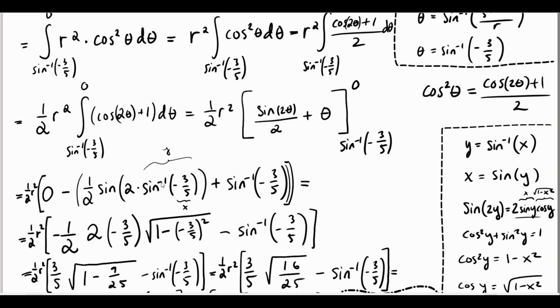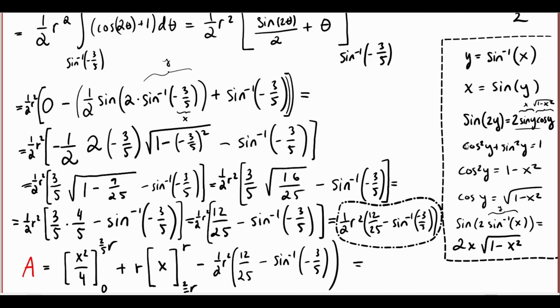So this thing here looks quite complicated. This one, the sine of 2 times the arc sine of something. This expression is actually quite complicated, but it can be simplified by looking at this part here.